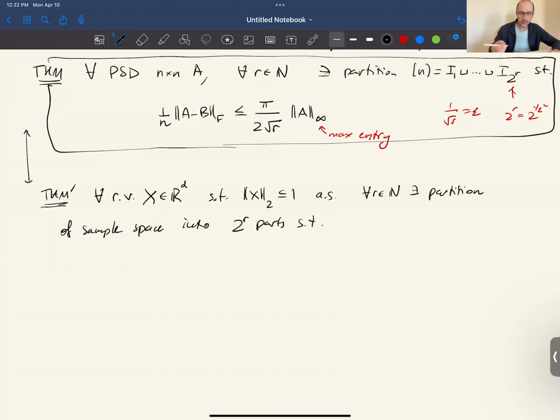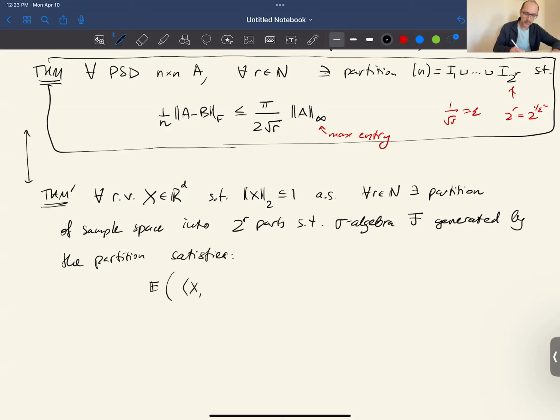such that the associated sigma algebra generated by this partition satisfies the following.